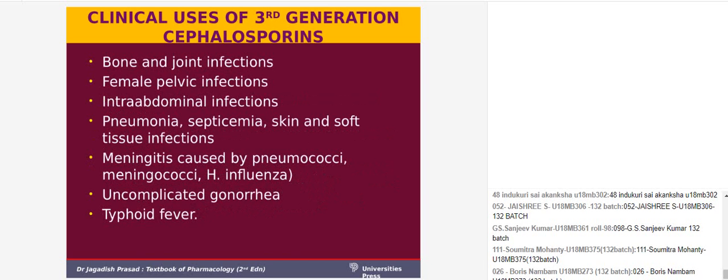Gram-negative bacterial infections, including bone and joint infections, female pelvic infections, intra-abdominal infections, pneumonia, septicemia, skin and soft tissue infections, including burn infections and complicated urinary tract infections caused by susceptible organisms.